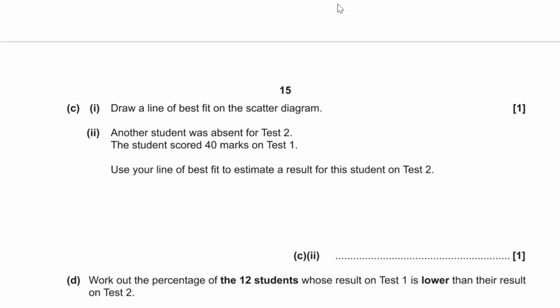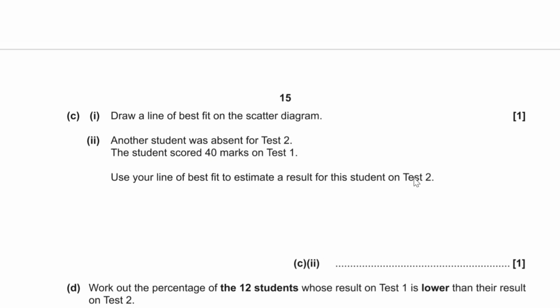And then for the second part of part C, we're given that another student was absent for test 2. The student scored 40 marks on test 1. We have to use our line of best fit to estimate a result for this student on test 2.